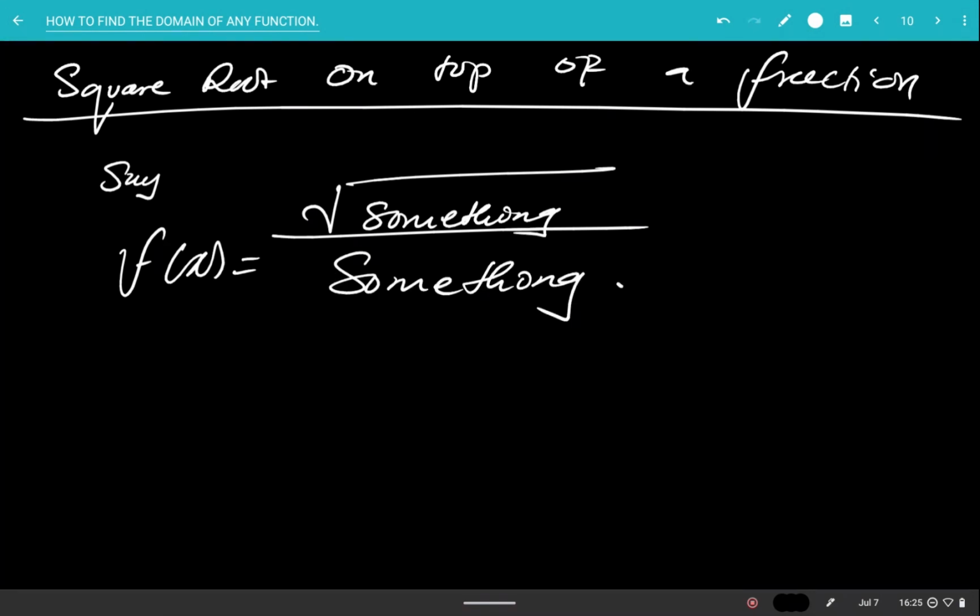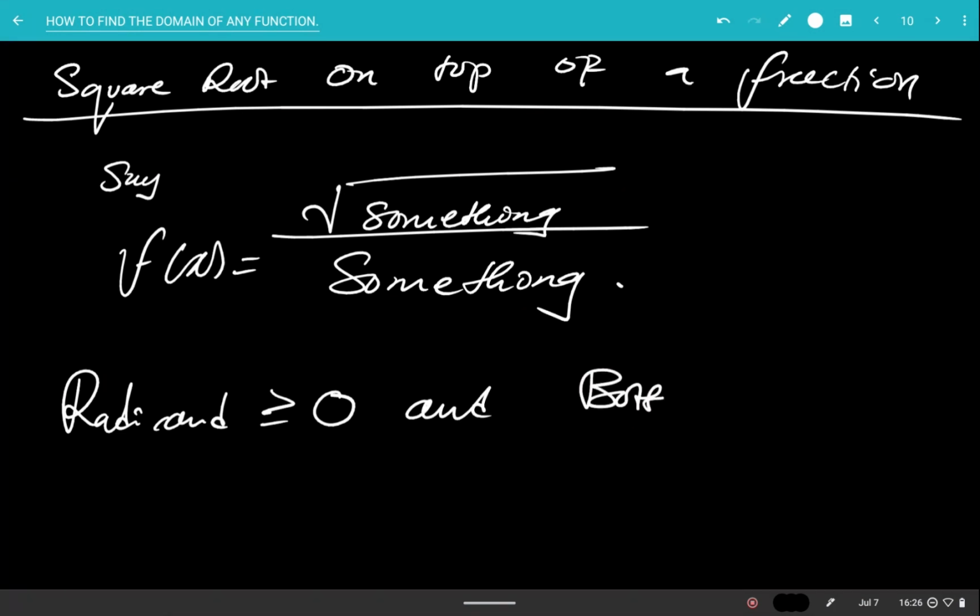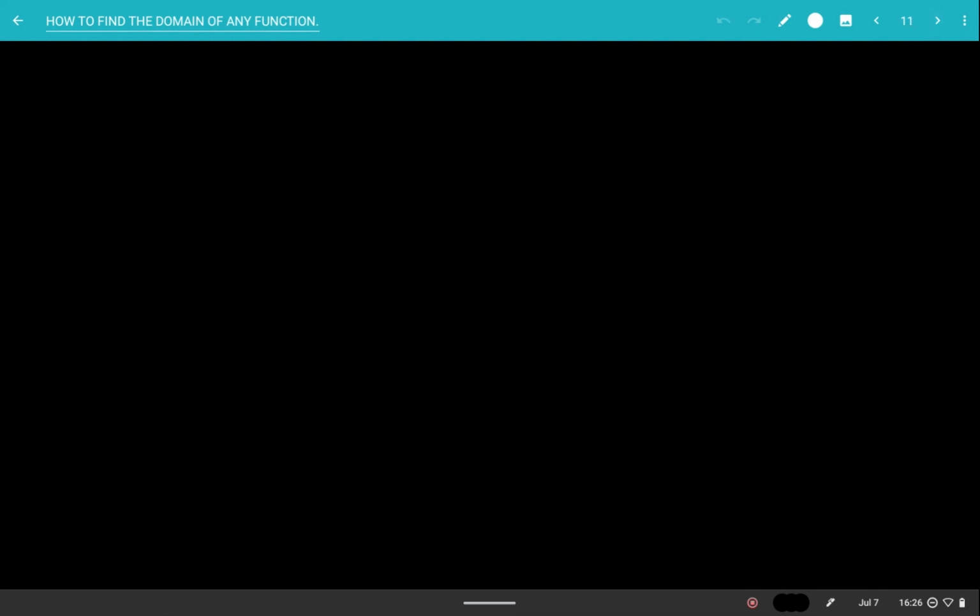What's the case? So in this case, you have to apply two conditions. Make sure that the radicand is greater than or equal to 0, and that the bottom is not equal to 0. Whatever values you get, find the intersection. Let me explain with an example or examples.